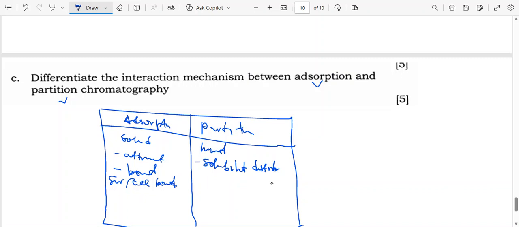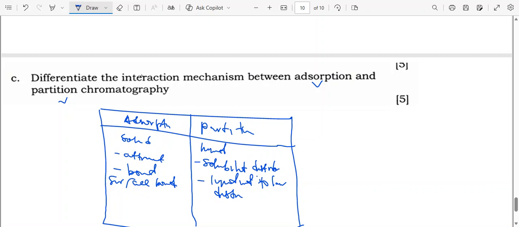Then here it's about liquid-to-liquid distribution, because the mobile phase is liquid. Here it's about bond surface distribution, or just the bond itself.